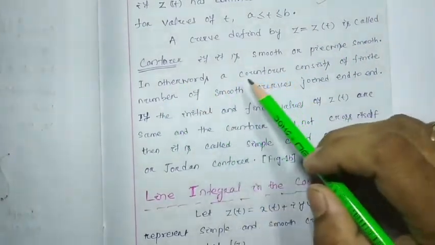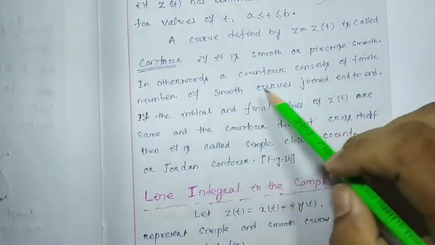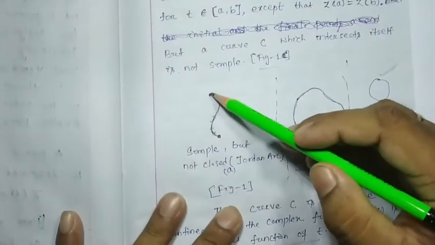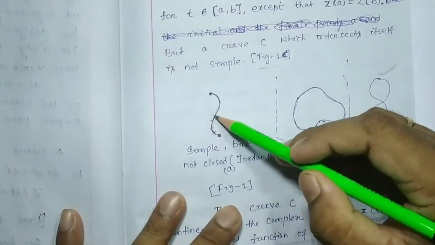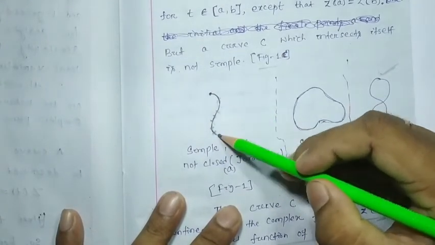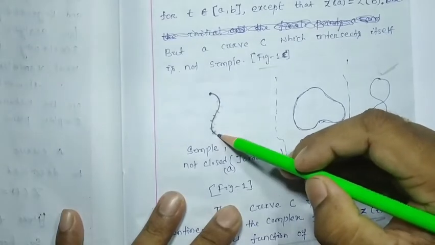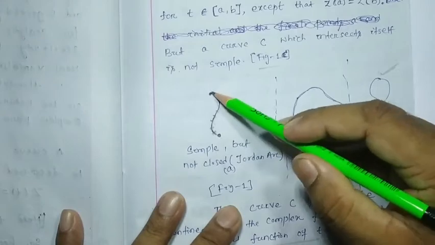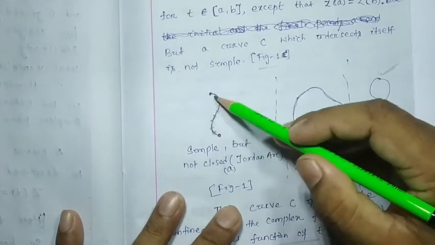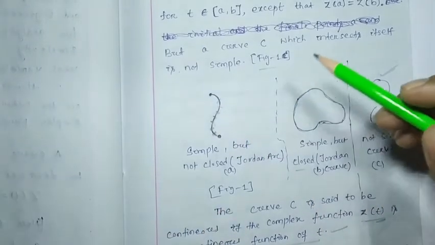In other words, a contour consists of a finite number of smooth curves. If we consider this curve, and this will be the contour, that means we get a finite number of smooth curves. If we consider each piece, it is continuous, continuous, continuous, so each piece is given by a continuous function.